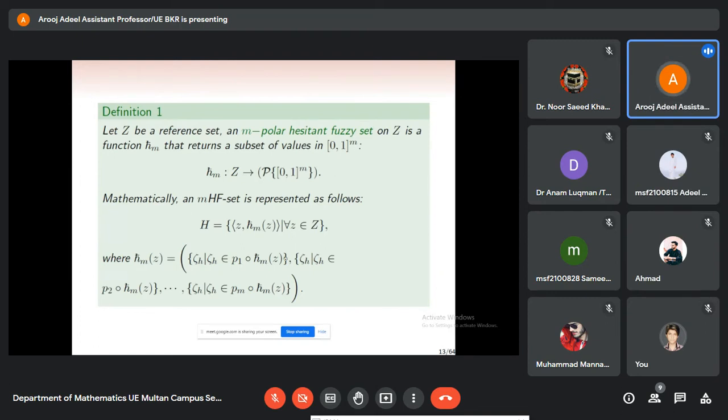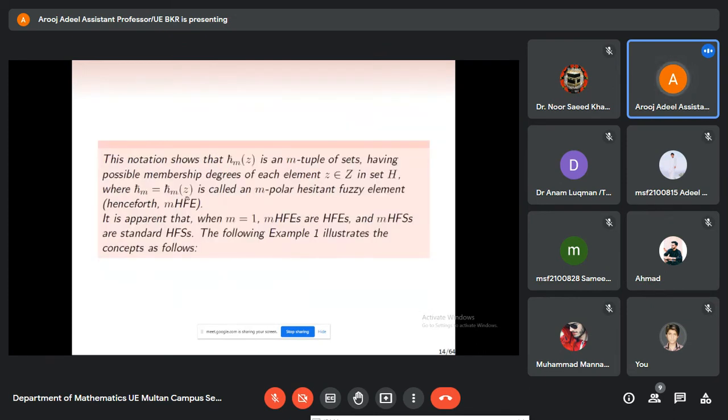You can all see that each membership value is itself a set. This notion shows that h_m is an m-tuple of sets having possible membership degrees of each element. If we take m equal to 1, then the M-polar hesitant fuzzy element reduces to the hesitant fuzzy element.